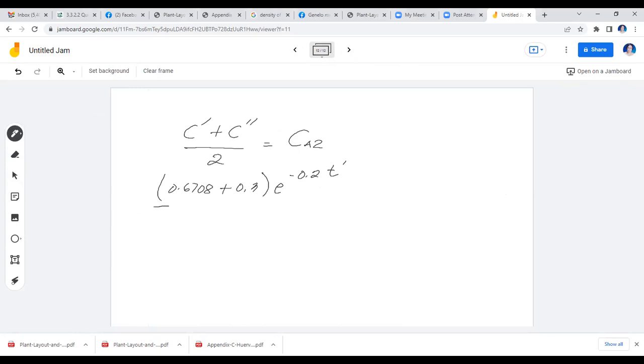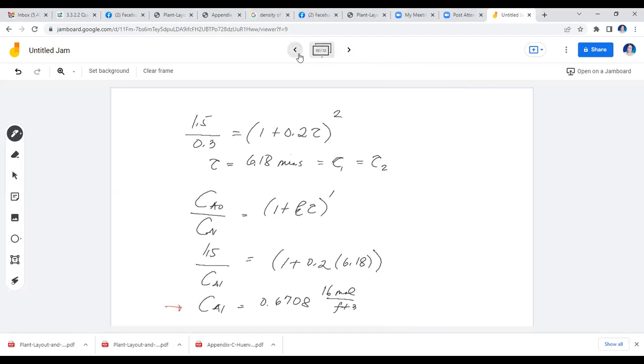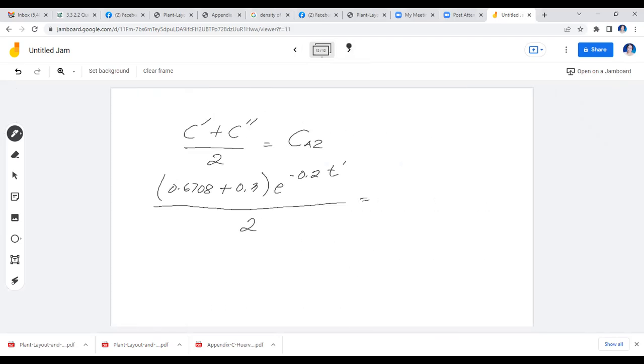And we divide this by 2, and the Ca2 will be the Ca2 that we had used a while ago, the same Ca2 that we have determined initially here, which is 0.3. So this is equal to 0.3.